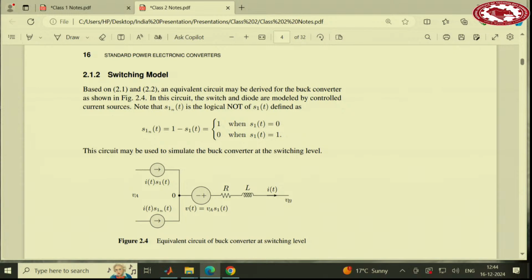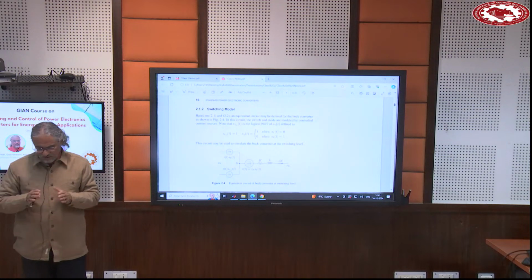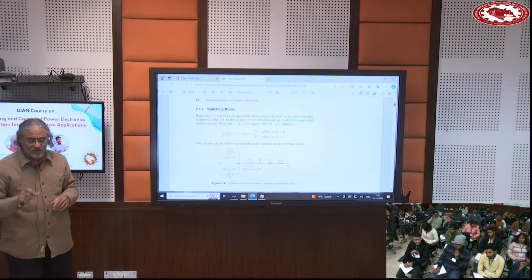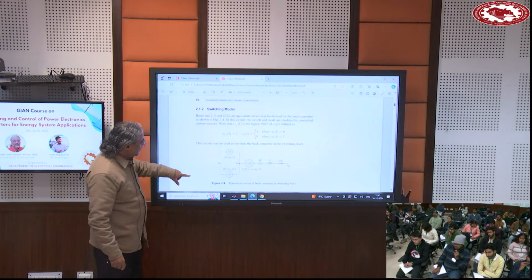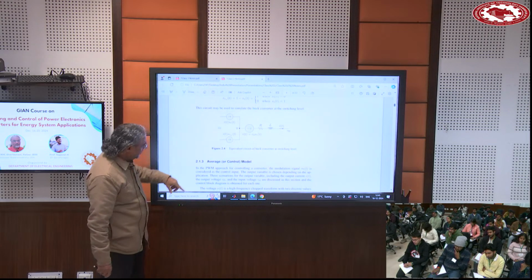So can we derive a model that represents this system but avoids those very short time scales? In other words, tells us how much current on average is generated, not in the scale of intercycles. So that is the concept of the average model or control model that I'm going to explain.